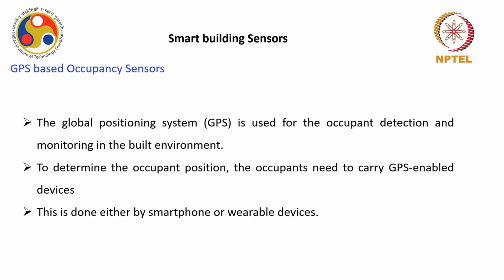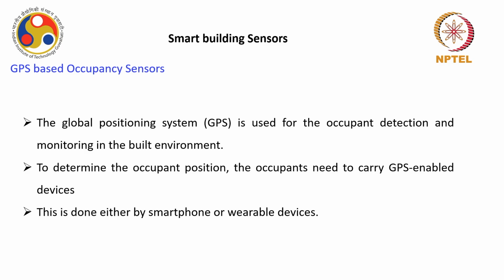So the GPS is used for occupant detection and monitoring in the built environment, okay. To detect the occupant position, the occupants need to carry GPS enabled devices, very similar to the Wi-Fi based devices as well as the Bluetooth based devices, okay. So of course if he is carrying GPS, it has to be enabled also, okay.